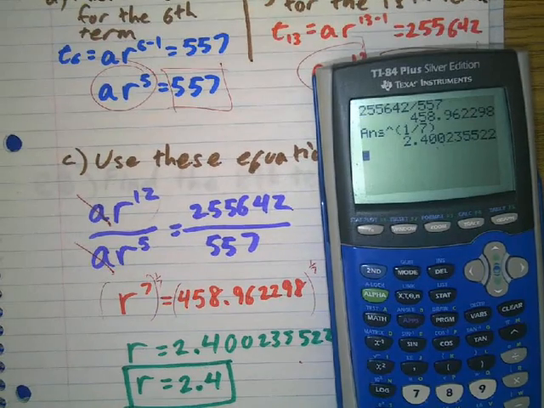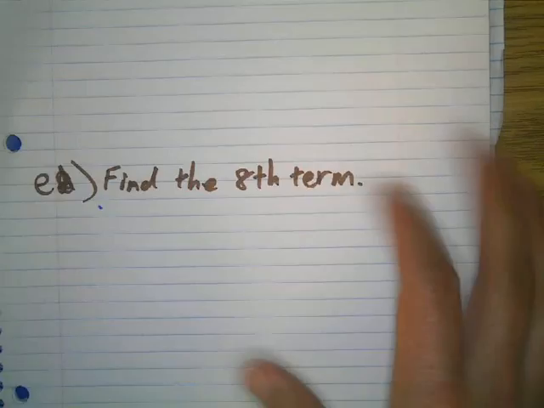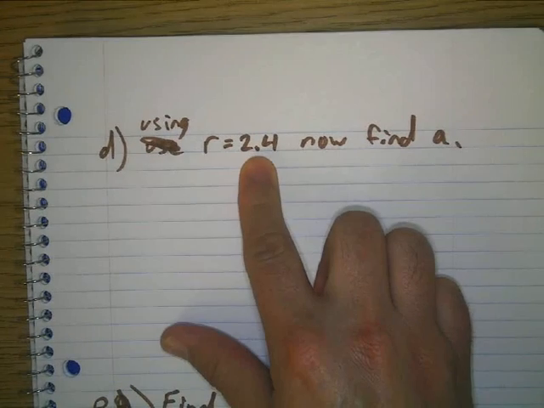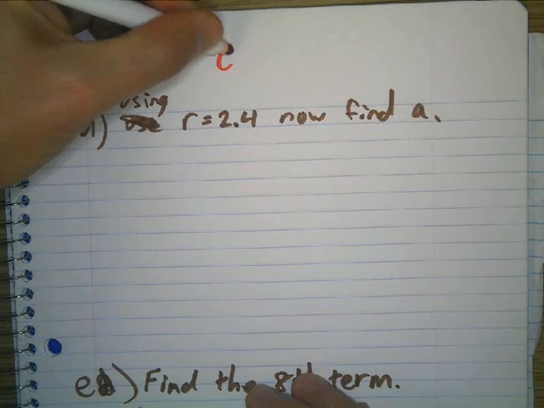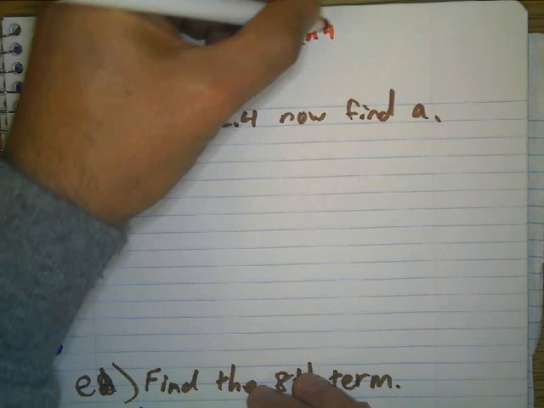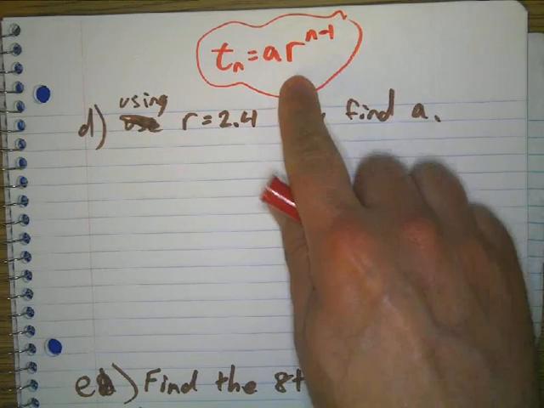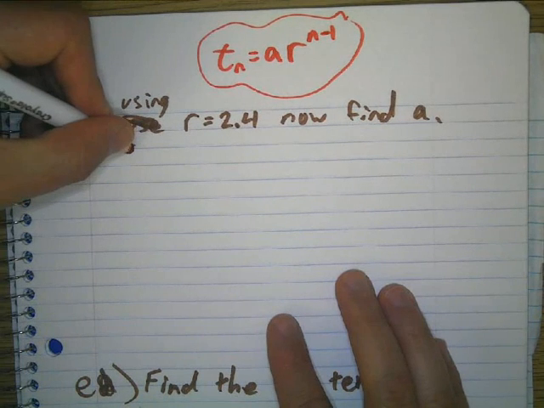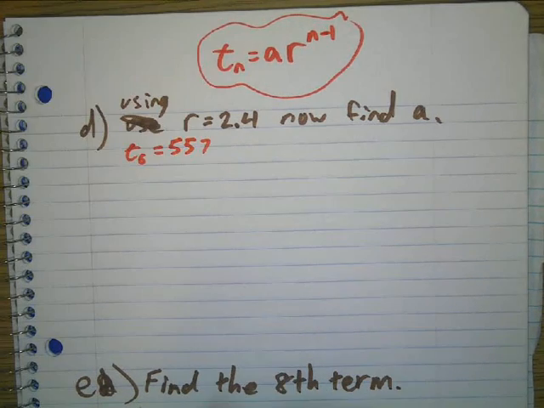Okay? So we're going to use this r value, and next we're going to figure out a. So using the value of 2.4, which we just found on the other page, now we're going to find a. So remember using the formula t sub n equals a times r to the n minus 1, right? Now we know r is 2.4. We can use one of the terms. So let's use t sub 6, the 6th term being 557.